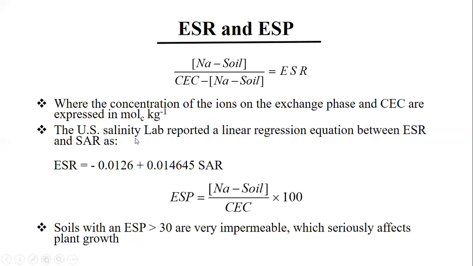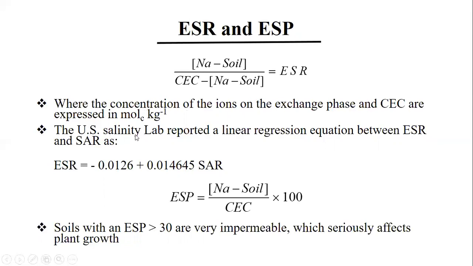The US Salinity Laboratory reported a linear regression equation between ESR and SAR. The United States Salinity Laboratory is a big organization, not a small lab, located in California in the United States.